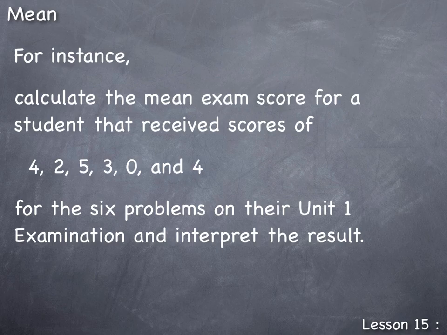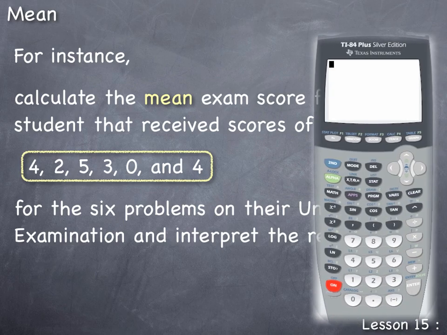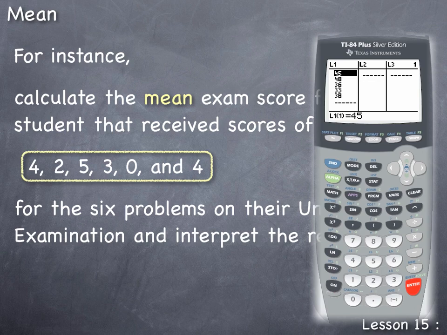So first we need to calculate the mean for these 6 exam scores. To do that, we'll use the TI-84 calculator. But first we need to enter these data values into the calculator. To enter data into a list, you press Stat and Enter to enter the data editor.